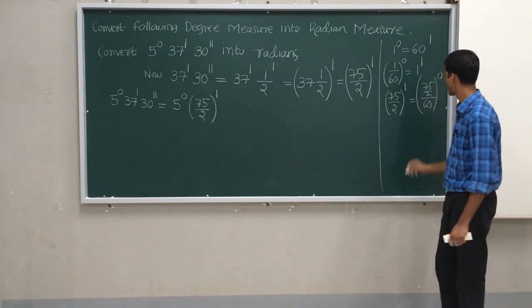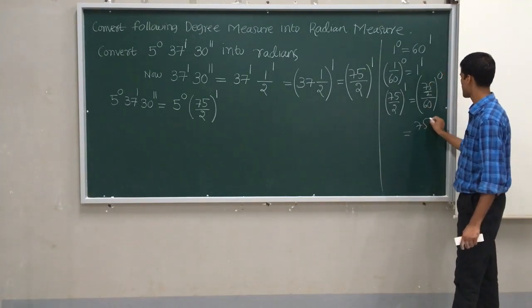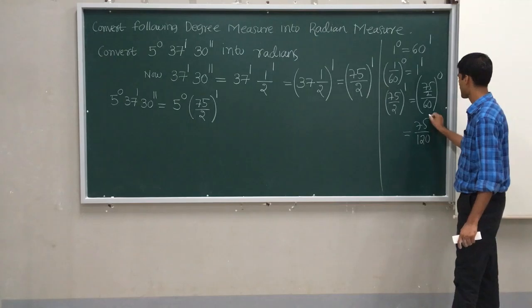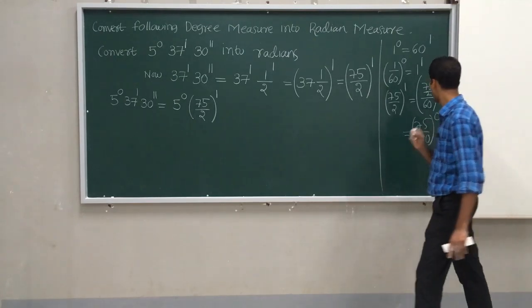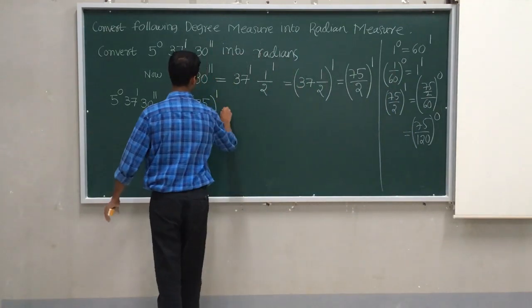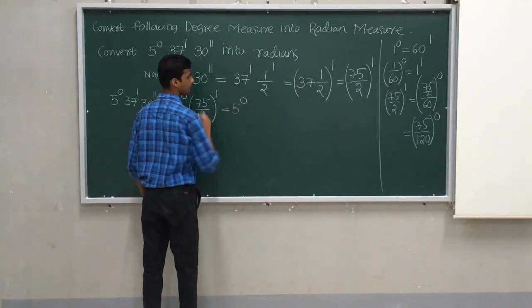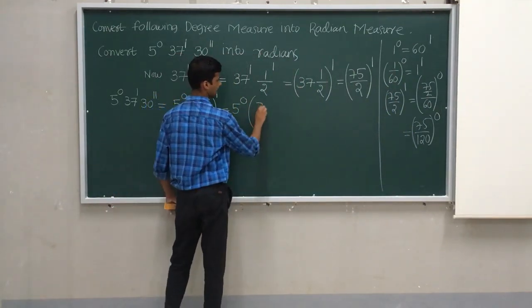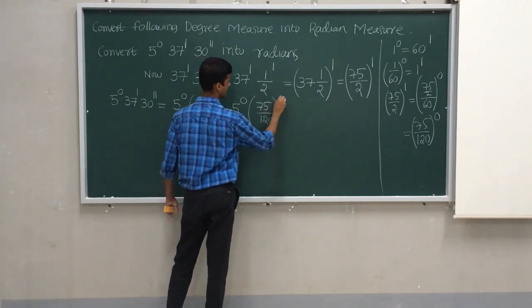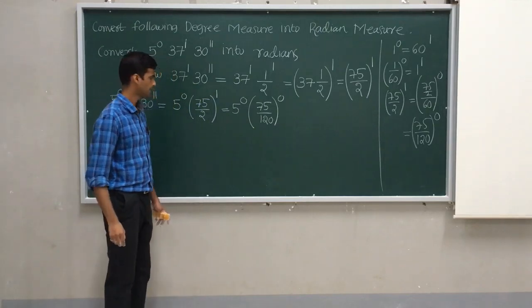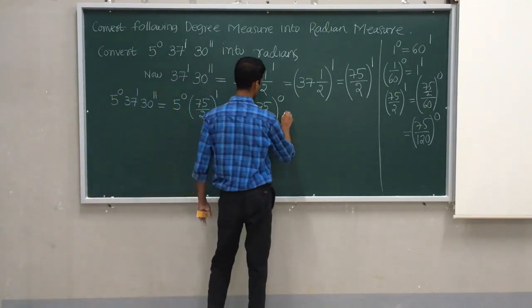Hope you understood. Which is nothing but 75 by 120 degree. Yes. So it is nothing but 5 degree and 75 divided by 120 degree.